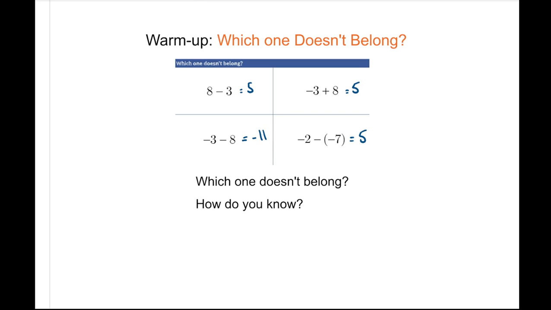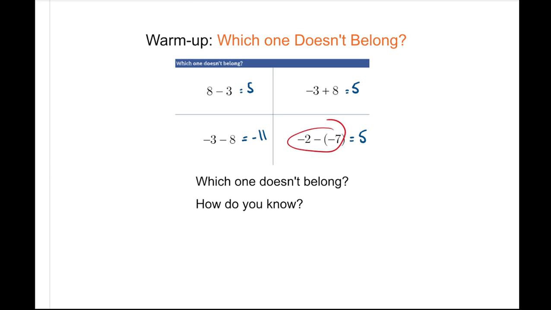So there's different ways you could have done this. By solving it, you could say the odd one out is this one, because all the other ones add up to 5. You could have also said maybe this one doesn't belong because the two numbers we're dealing with are not a version of 3 and 8.